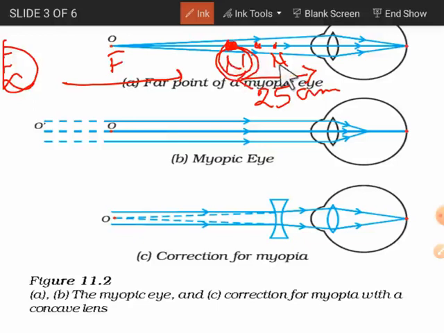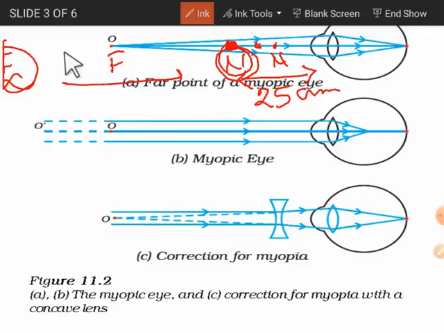So the myopic eye cannot see any object beyond this far point, because its far point is here, not at infinity. Objects lying beyond its far point cannot be seen.